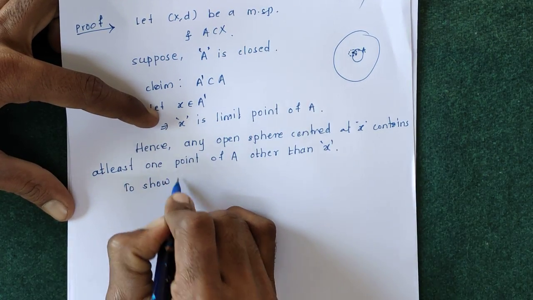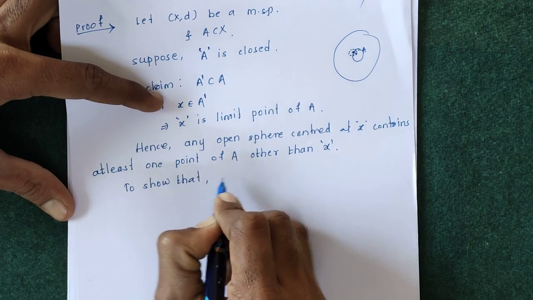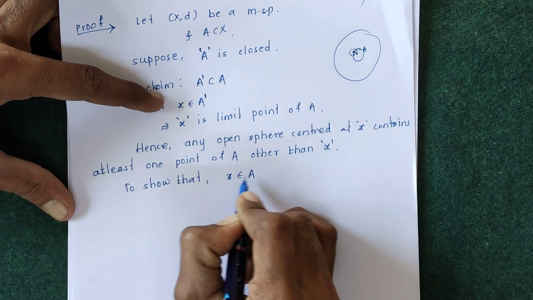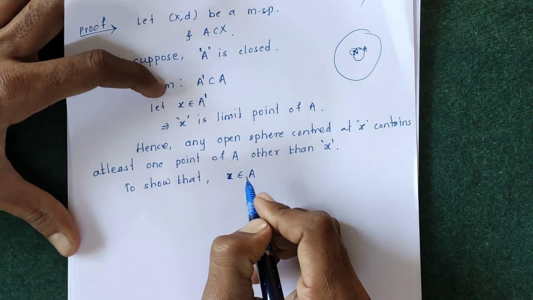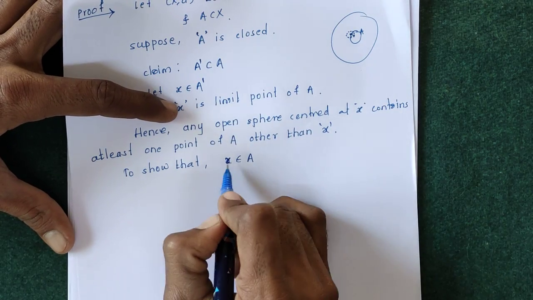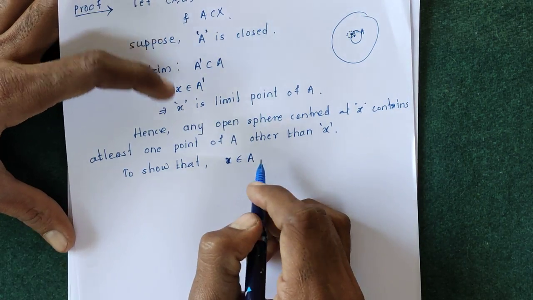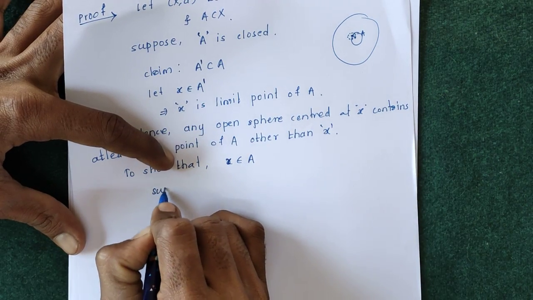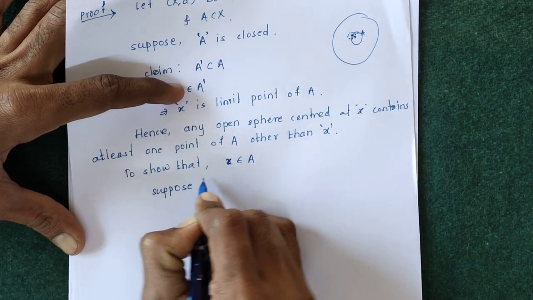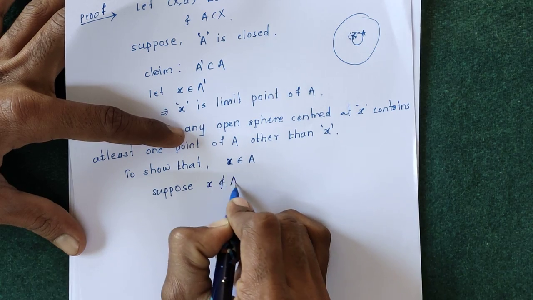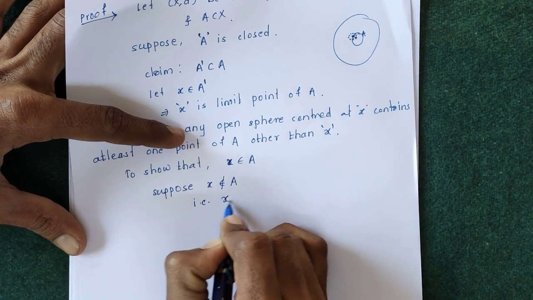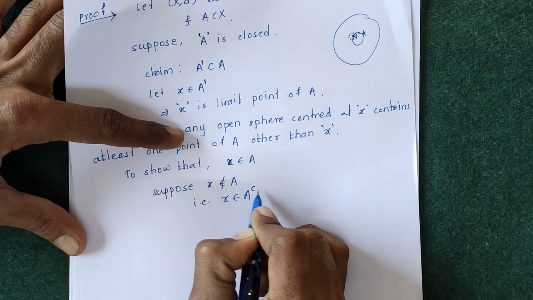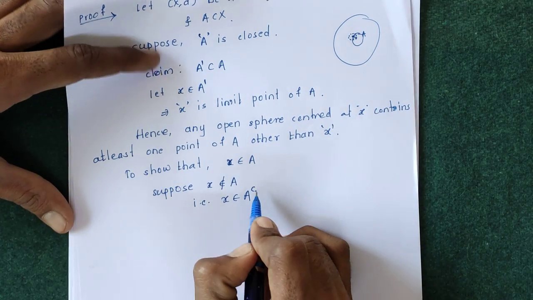To show that x belongs to A. Now, this we will prove by using contradiction. Contrary, we are going to suppose this x does not belong to A, that is x belongs to A complement.